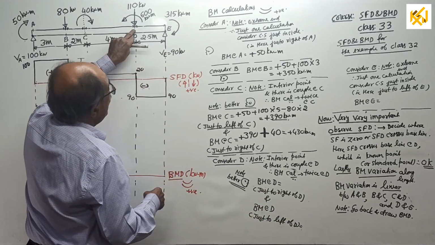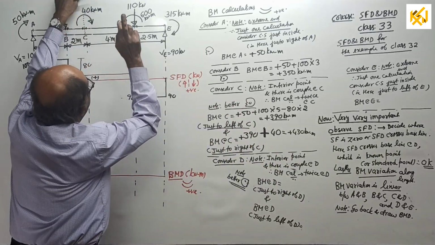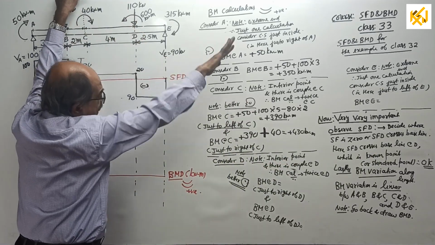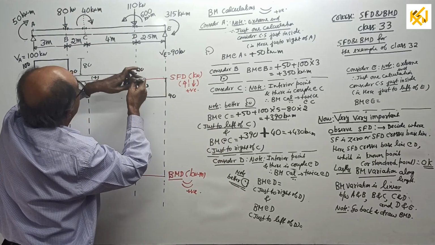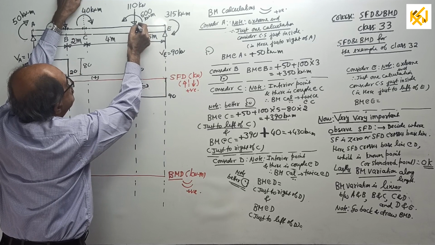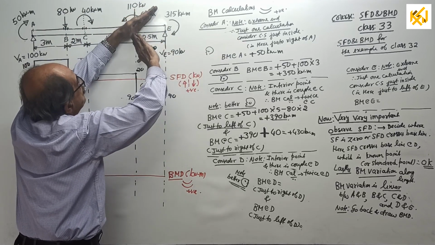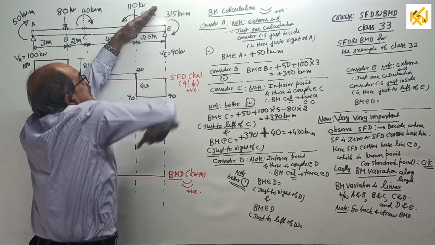Come to D. Again at D, there's a couple. I wrote same statement here, twice. I think better at D, look right side. Therefore, since you are looking right side, first find BM just to right of D. See, this way. Cover this one. Look this side. Just to right of D. Minus 315.